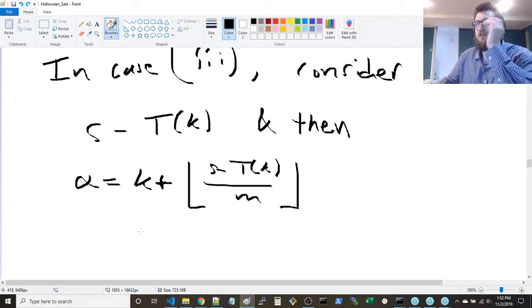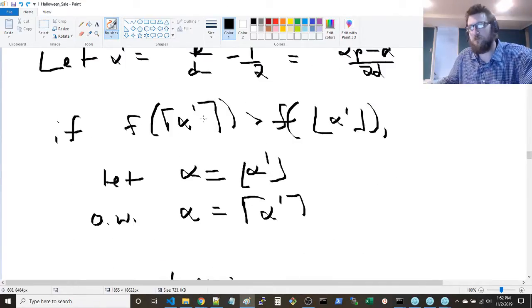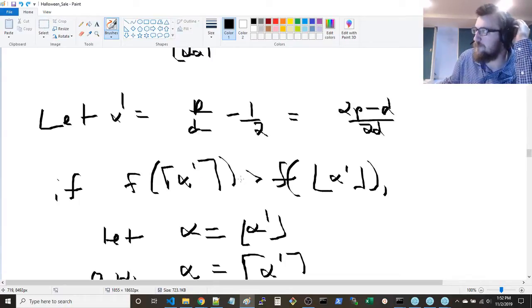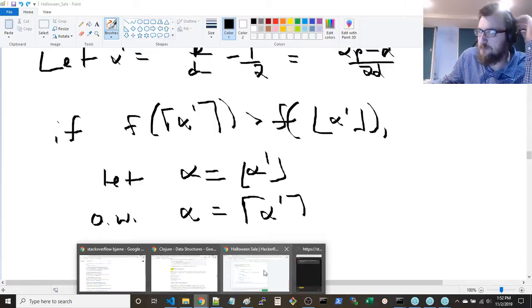Otherwise, we got these other things going on, and it's going to be this kind of sorting that we're going to do. How do we provide a custom comparator to a sort function in Clojure? Let's see if we have that built in already.